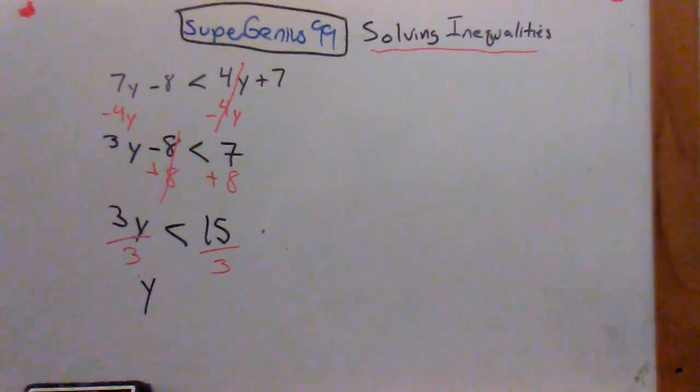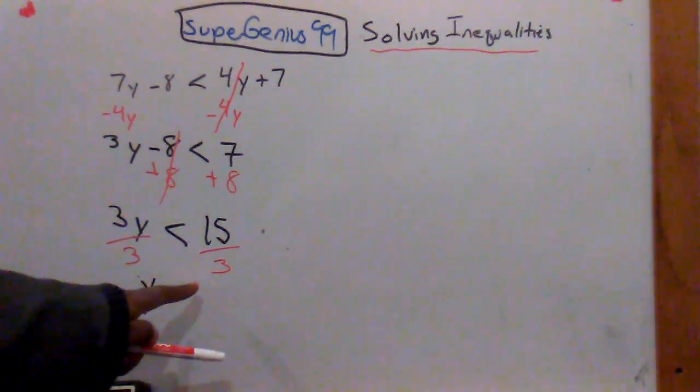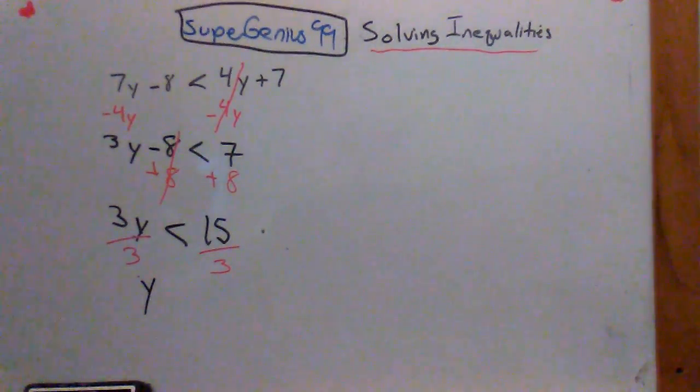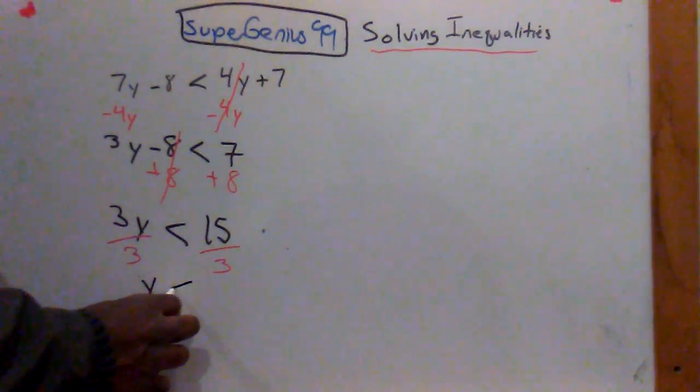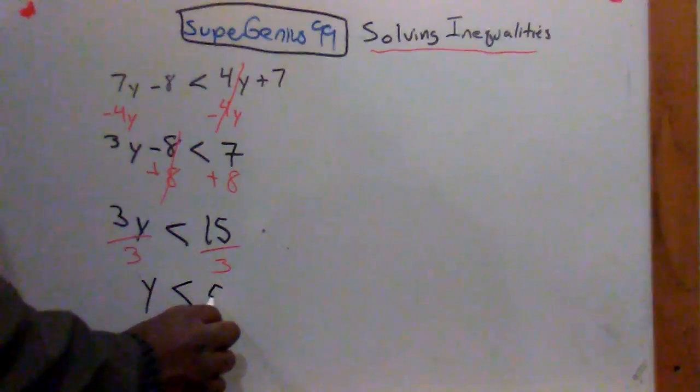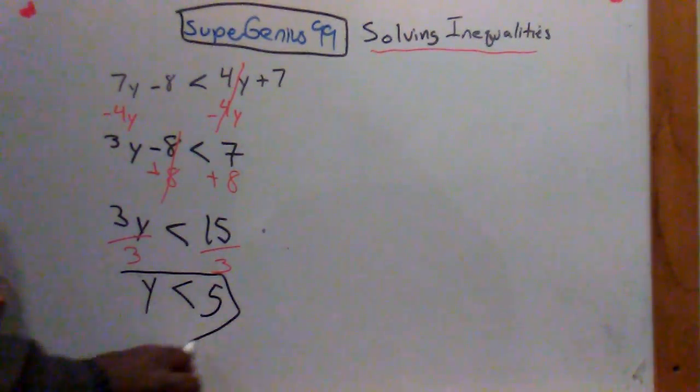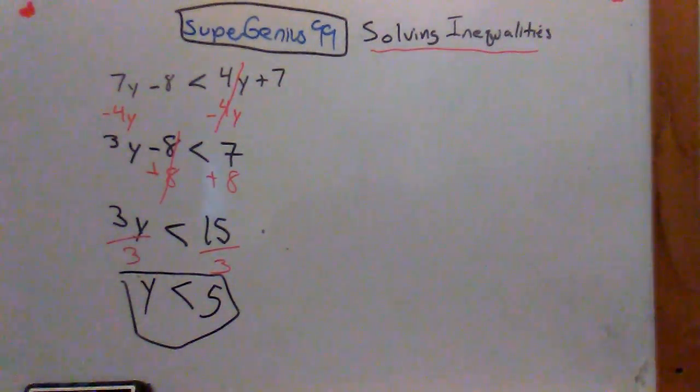And 15 divided by 3, how much is that? Okay, so we have y is less than 5, so let's write that out in the different notations.